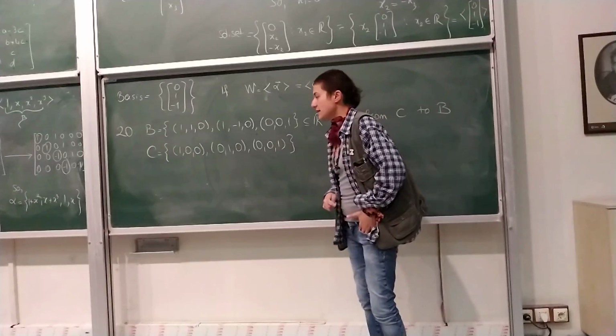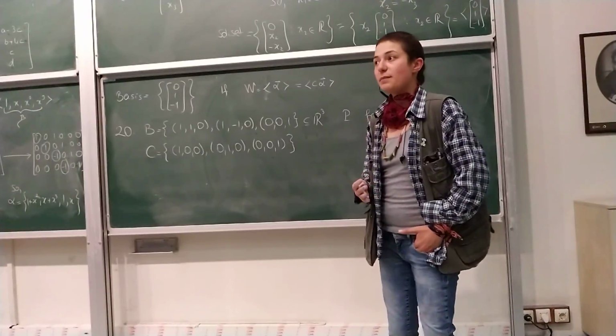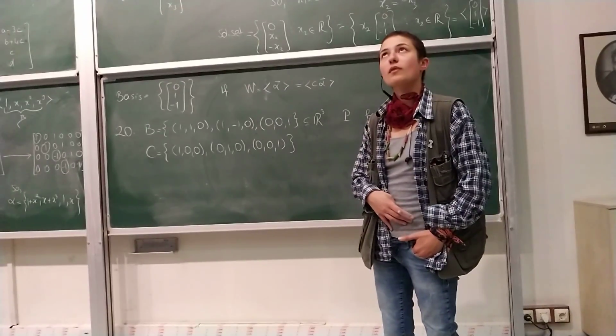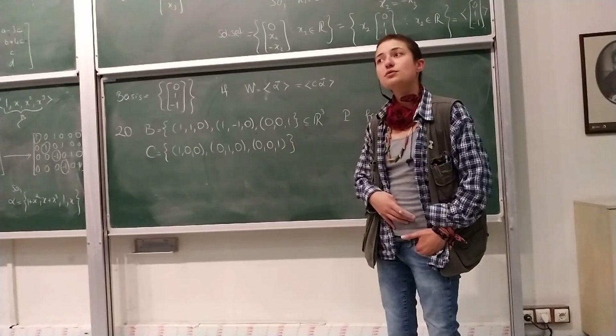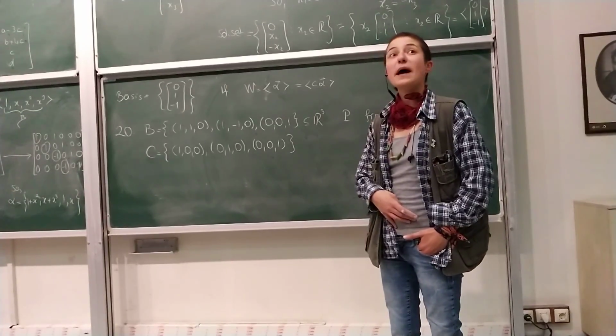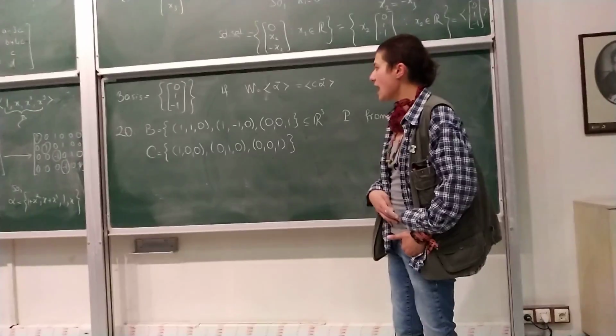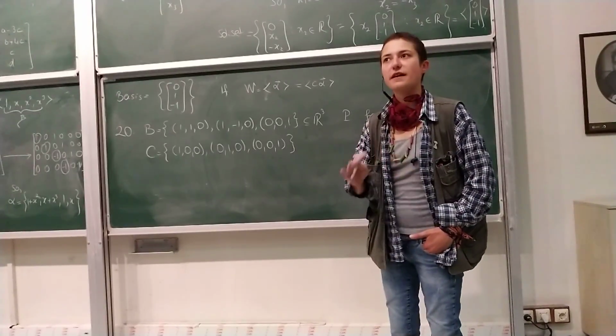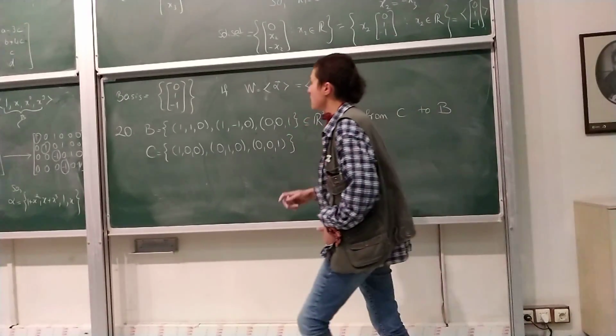So I have this basis. To show that it is a basis, I will use the fact that it spans R cubed so that I can see the coordinates of everything. I will show you 2 things in one step.